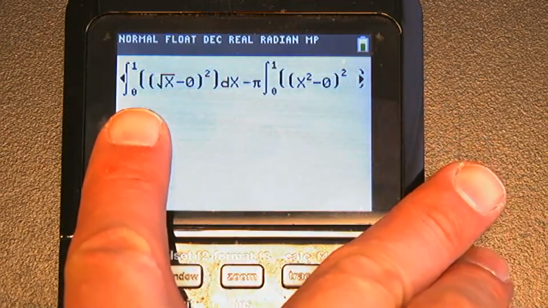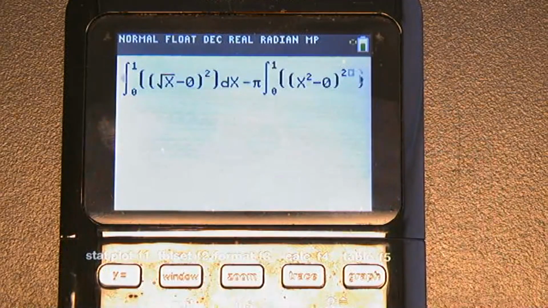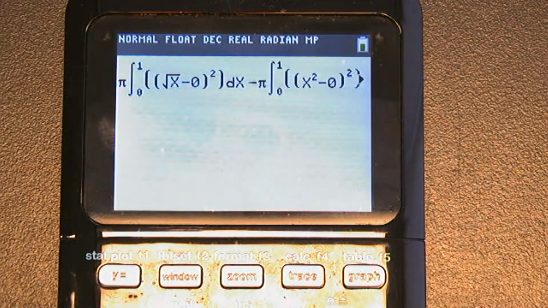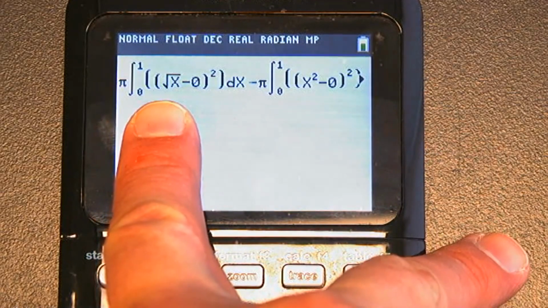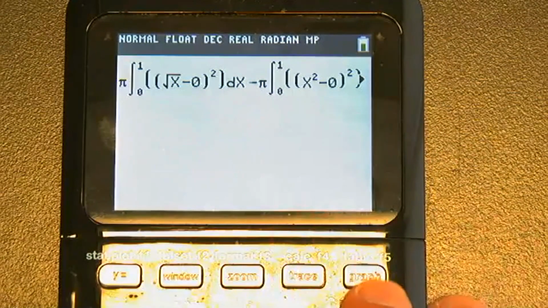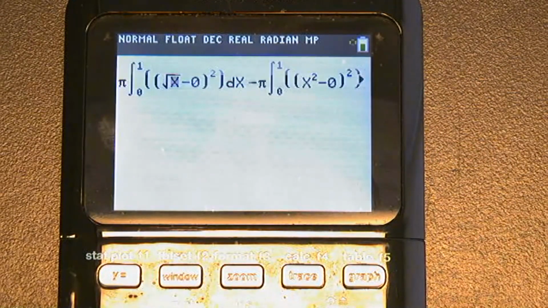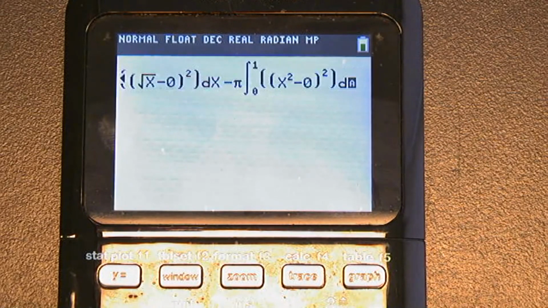So hopefully everybody sees how I'm doing that. I'm doing it all in one line. You could also do it in 2 lines if you'd like. You could calculate that integration, calculate that integration, and then subtract them. So if you want to do this in a 2-step process, by all means, go ahead and do that.